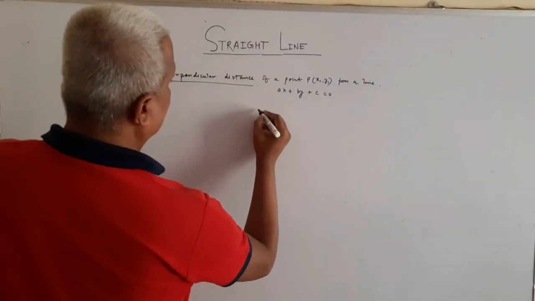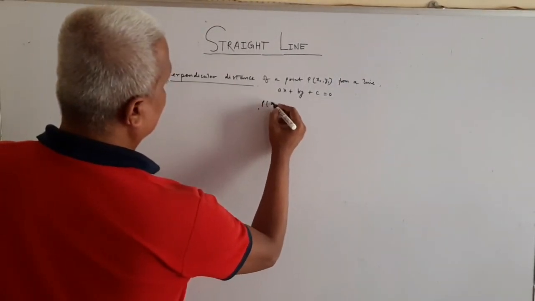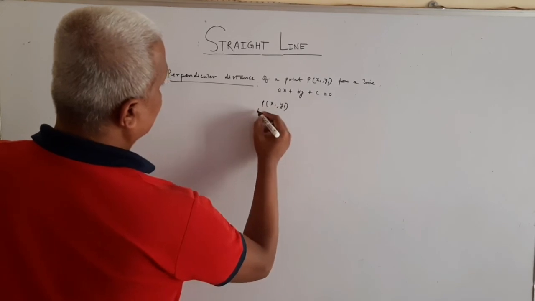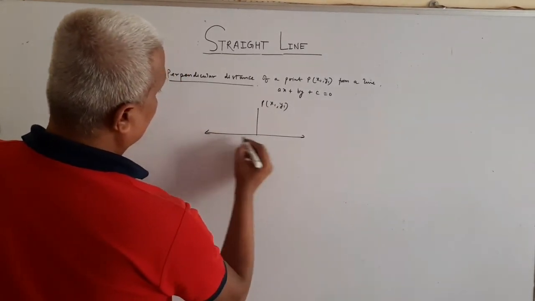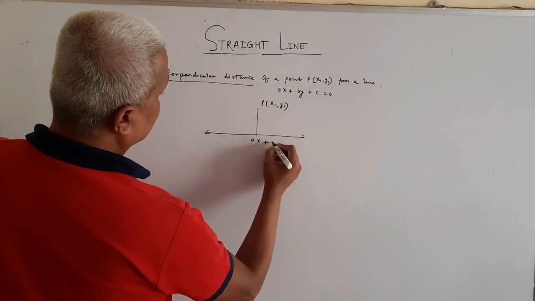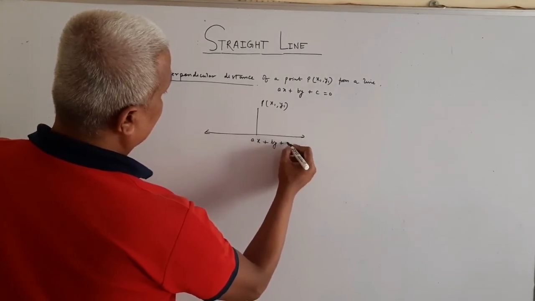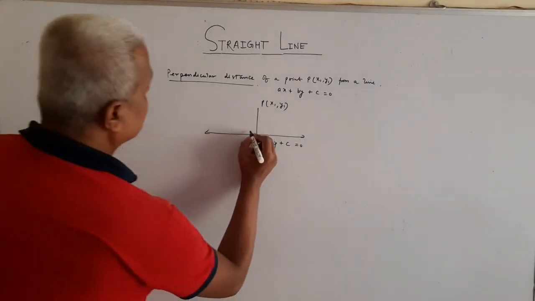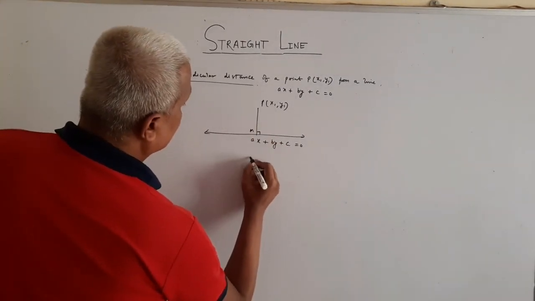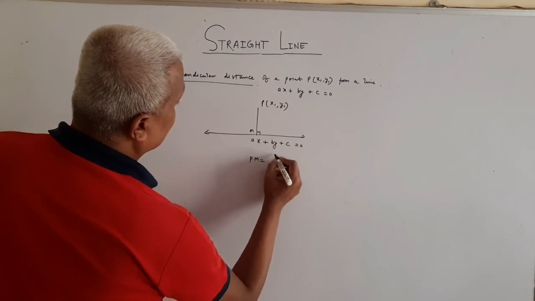So suppose this is the point P with the coordinates x1, y1, and this is the line with the equation ax plus by plus c equal to 0. Suppose this is PM, then you simply have to find PM this way.